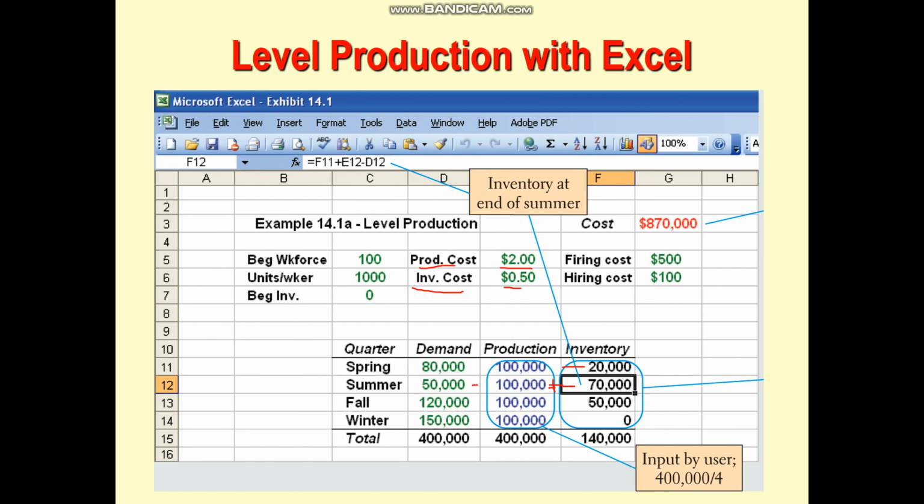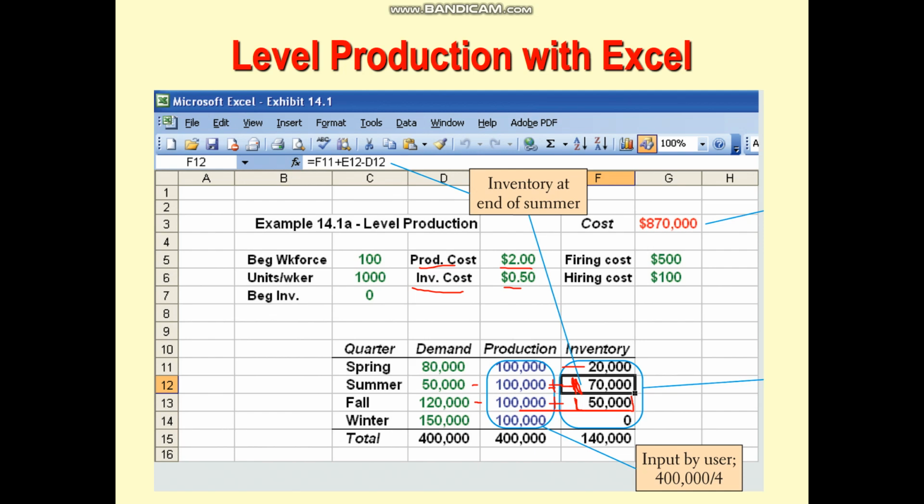So we will have the formula for this cell. The same for the fall period: the inventory will equal the initial inventory, meaning the inventory in the second period, plus the production quantity in the third period, minus the demand in the third period. And so on and so forth.